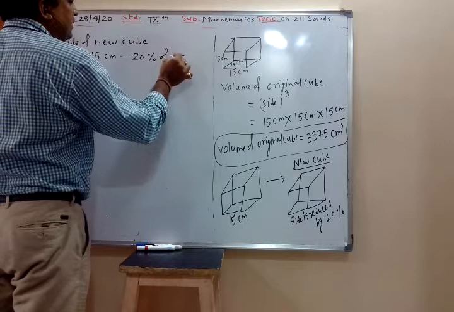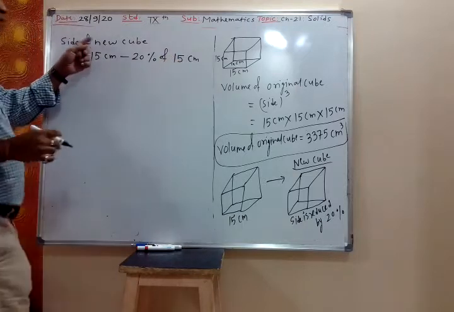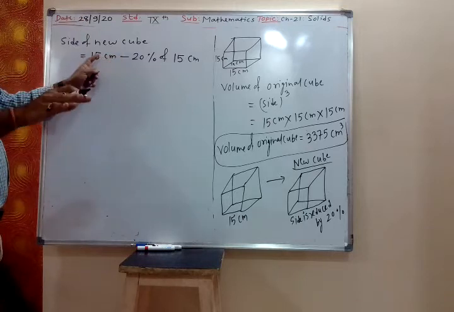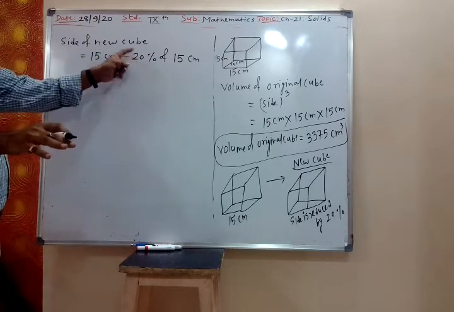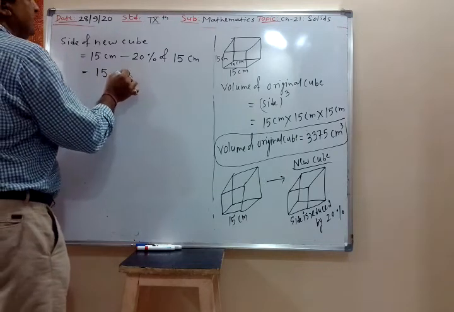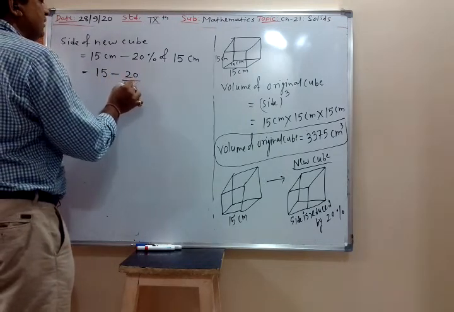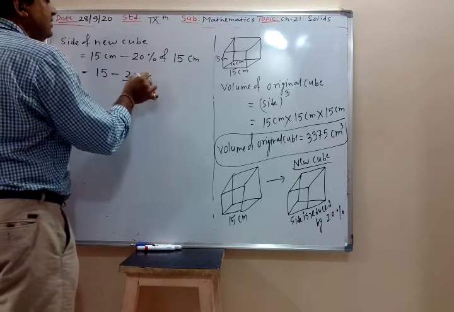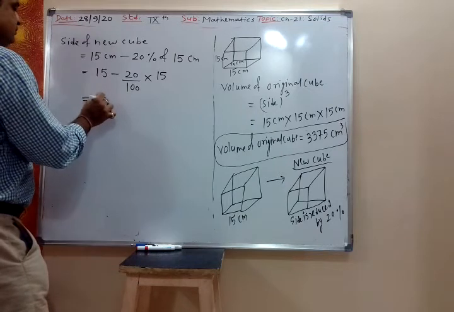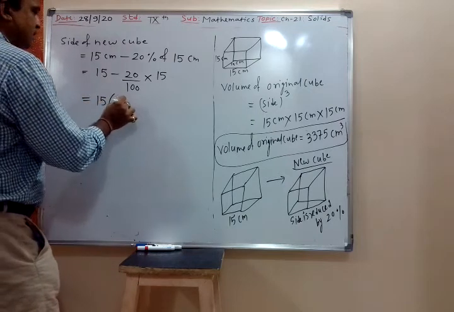Are you getting? So reduced by 20% means original length minus 20% of that. So that is 15 minus 20 upon 100 of 15. Of means multiplication. Now 15 I can take common. Then it is 1 minus.